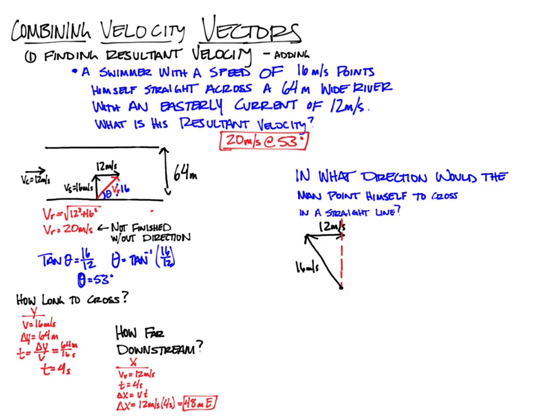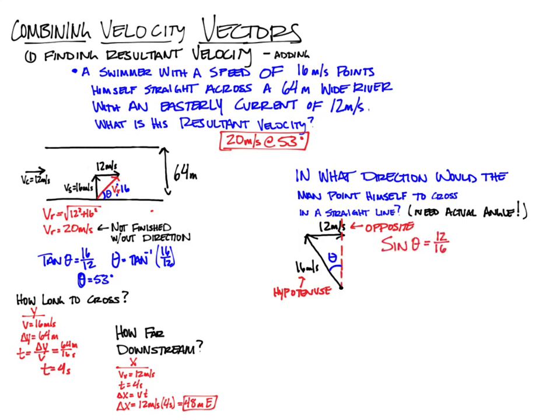In this case, 16 meters per second is my hypotenuse. 12 meters per second is my opposite side. That's important. So if we're trying to find that angle, and again, when I ask you for a direction, I need the actual angle. So to find that angle, we'll be using sine and not tangent.